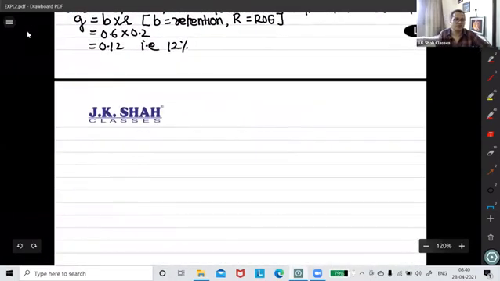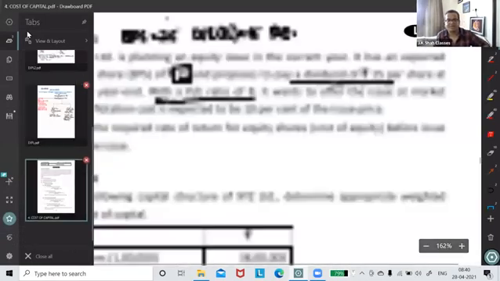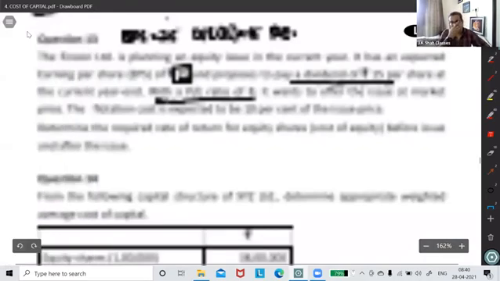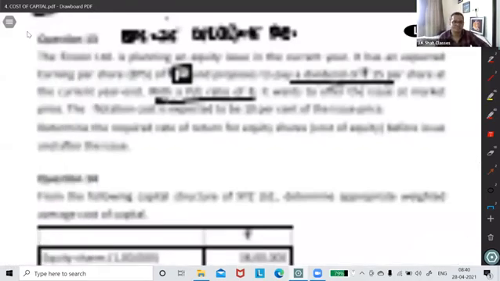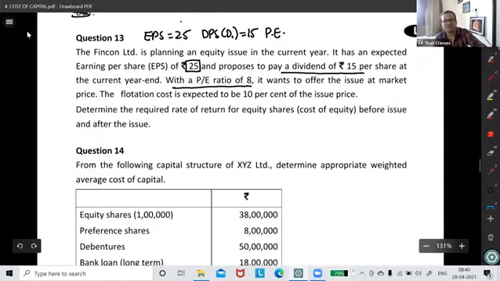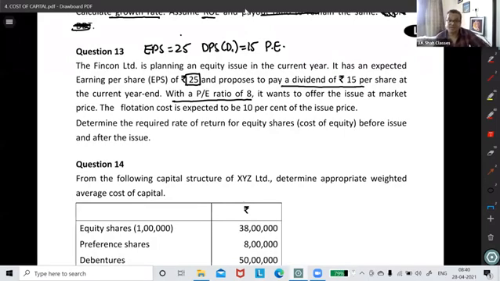Let's first complete reading the question. P/E ratio is given as 8. So it will help us to calculate what? MPS. Guys, you remember how to calculate MPS?